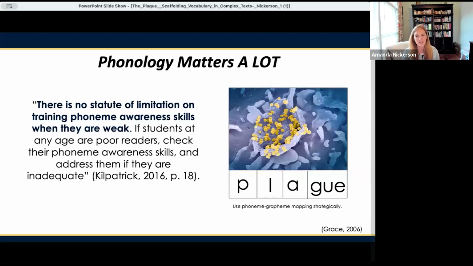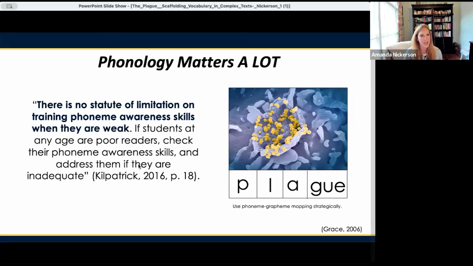If I have students who are reading the word plague as plague-you or plague-oo or something like that, phoneme grapheme mapping can be used strategically to help break down some of these complex orthographic patterns, so that I can point out to them that it is a, g, and that GUE makes a single sound, right?